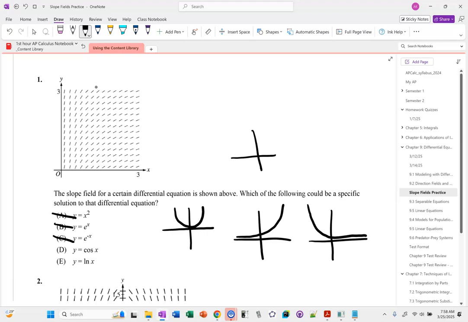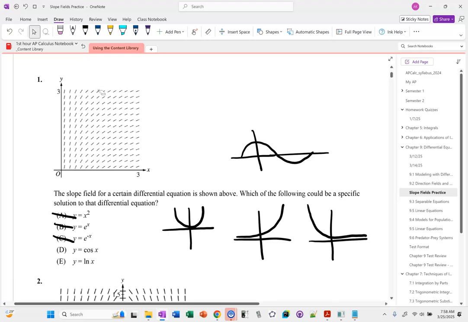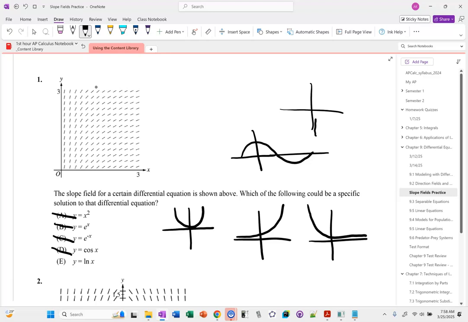Cosine, I know, kind of looks like this. And that's not quite right because it should be horizontal up top. Even though we're getting the right kind of concavity, that doesn't seem right either. Do you guys agree? You see what I'm saying? And then the graph for the natural log looks like this.